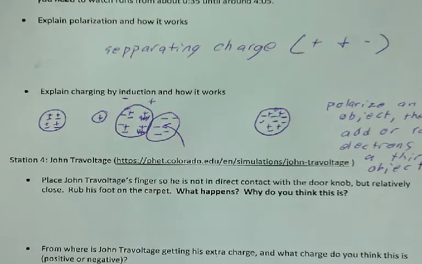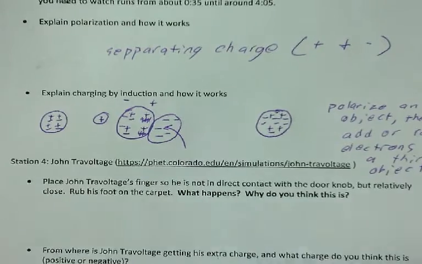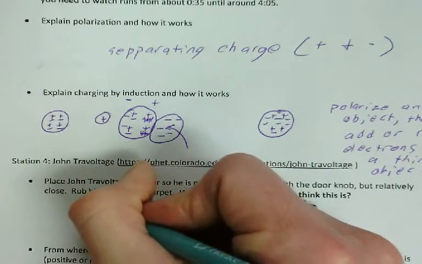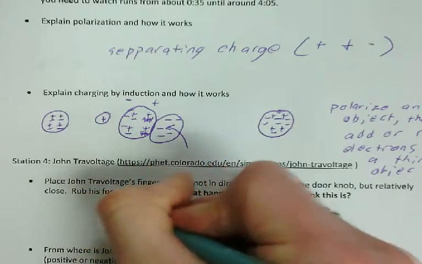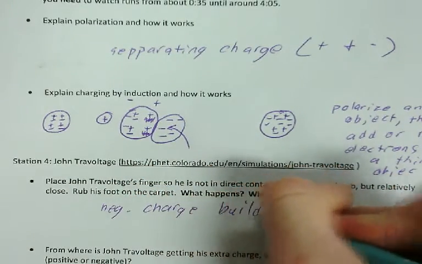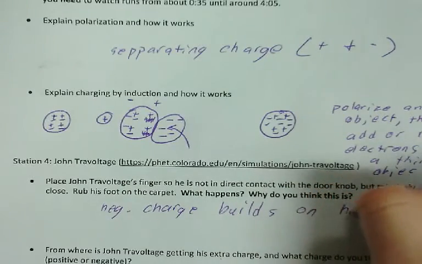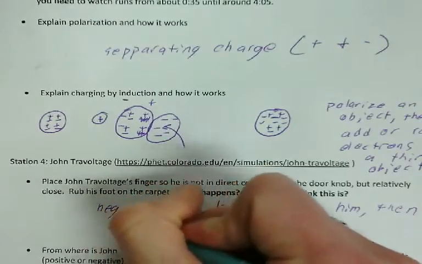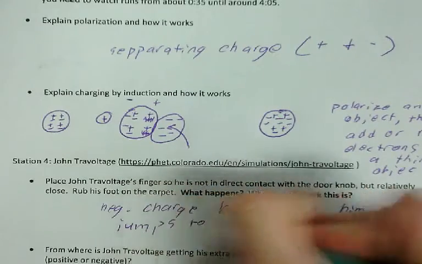All right, so John Travolta, we have his finger by the doorknob, rub his foot on the carpet. What happens for that, Roman? What happens to him? Well, the negative charge builds, and when it hits the doorknob, it leaves. Good, so negative charge builds on him, then jumps to the door.